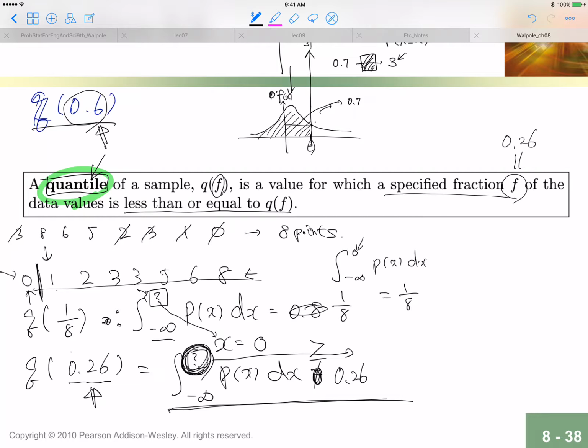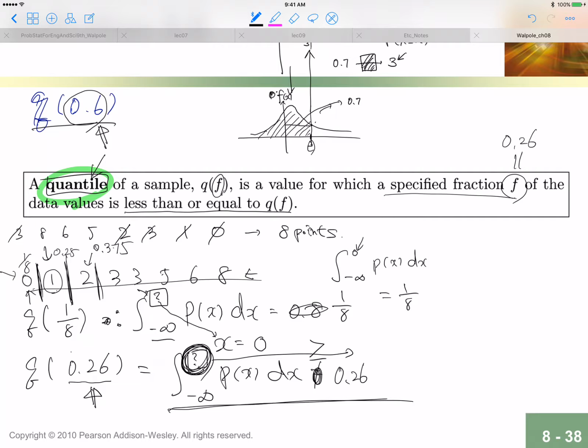Up to this point the probability was 1/8, and by including up to 1, the probability will be 0.25. Okay, and then up to 2, we have 0.375.